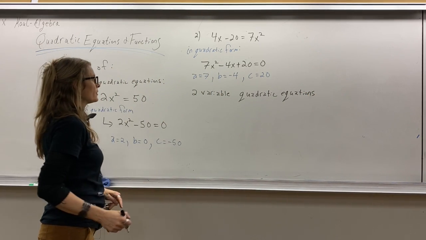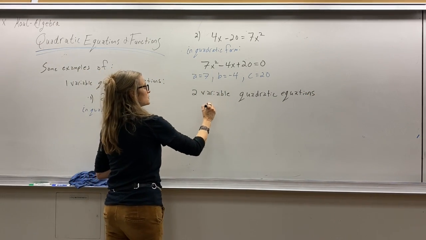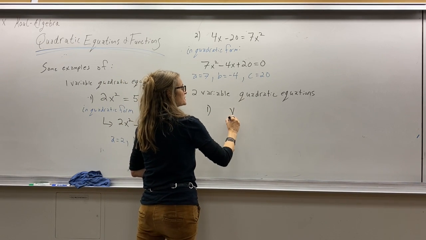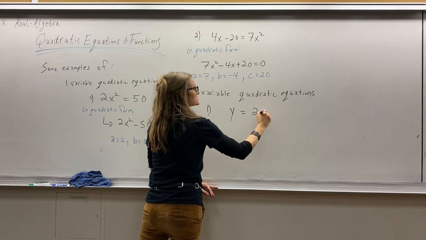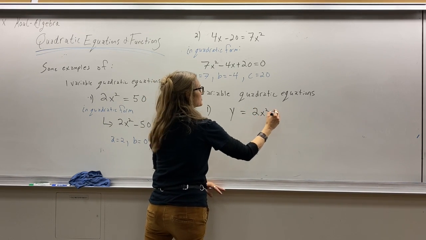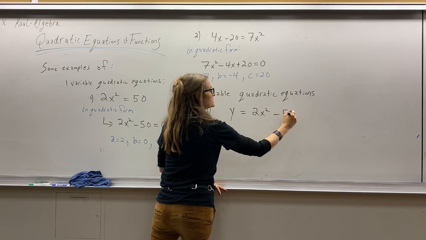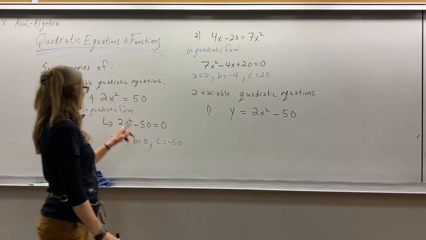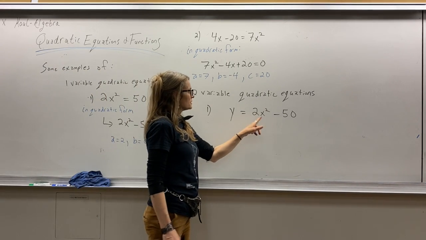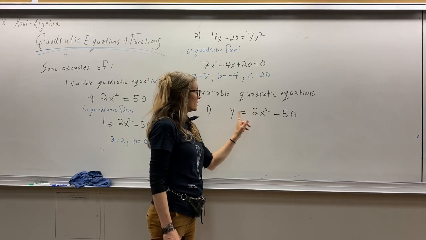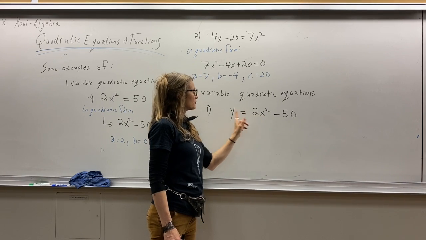And two-variable quadratic equations will look like, let's say, for instance, y equals 2x squared in this case, and I'm going to use the same thing. Let's say minus 50. So if we want to add a variable into this statement, we would put in a y, or we'd pair the x up with a dependent variable.